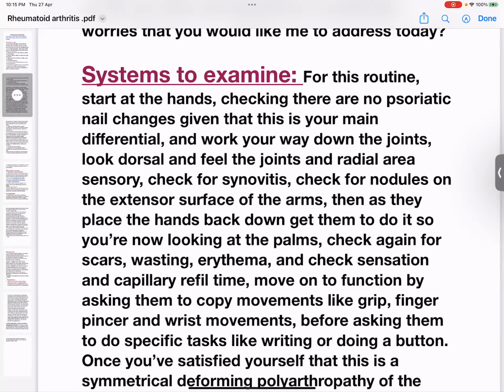And please make sure, before you touch the patient, to ask about pain. Do you have any pain in the joints, any tenderness? If you feel any pain while I'm touching you, please tell me and I'll be more gentle.